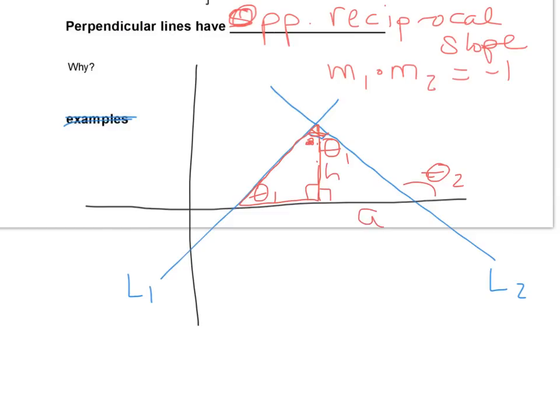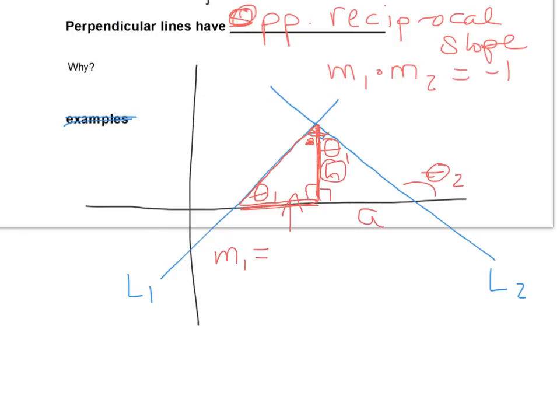In this triangle, it helps us find the slope for L1. The slope for L1, so slope 1, is rise over run, H over whatever that is. But that doesn't help us. H over this is really tangent, right?